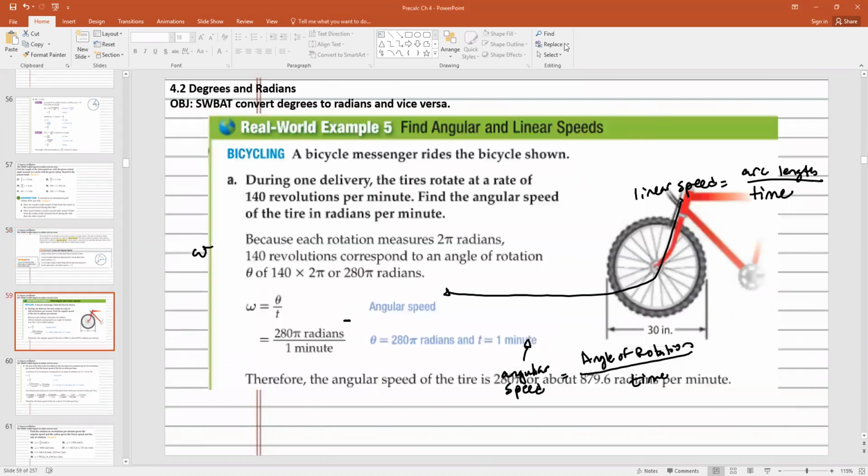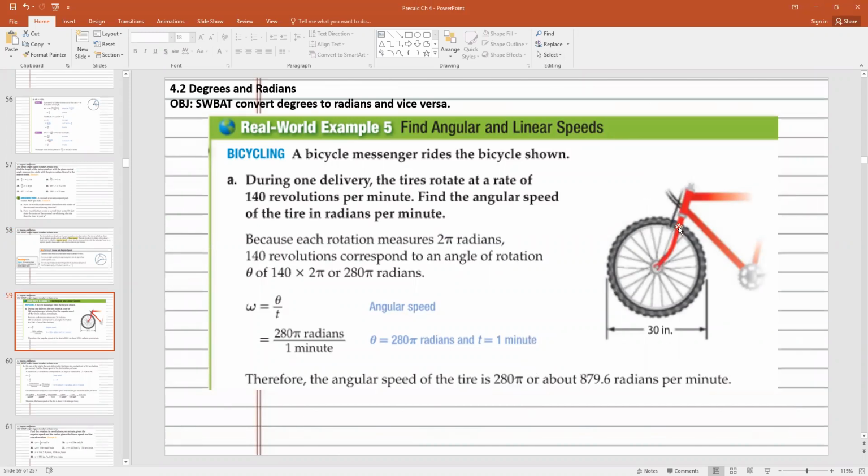All right. So for this one, hey, matches up. That's cool. For this one, you can look at a bike. Think of a bike, all right?